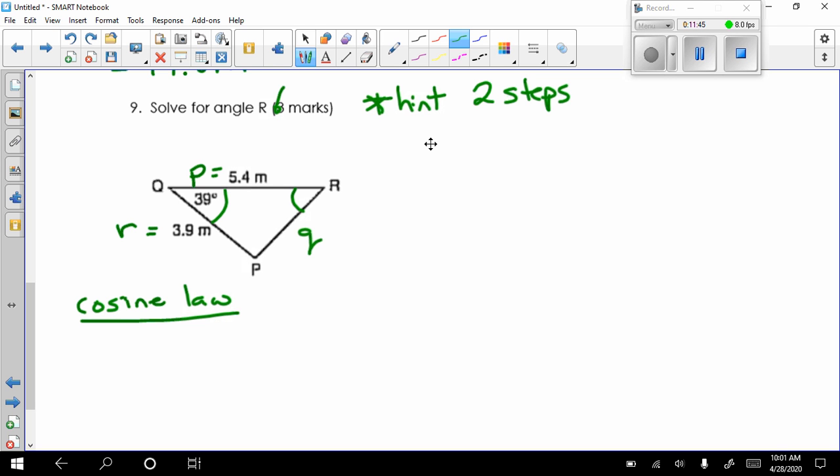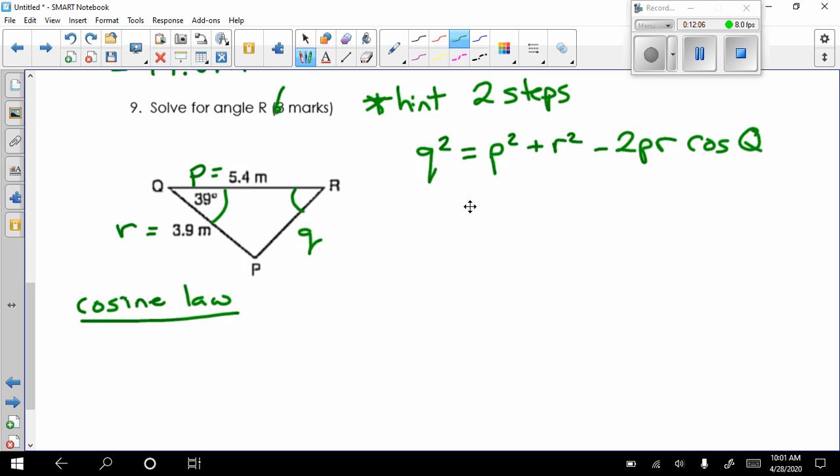So here we go. I'm going to go up here to do it. I'm going to say q squared is equal to p squared plus r squared, so it's the other 2 sides, minus 2 times p times r cos of capital Q. That's how it goes if we're trying to solve for q.